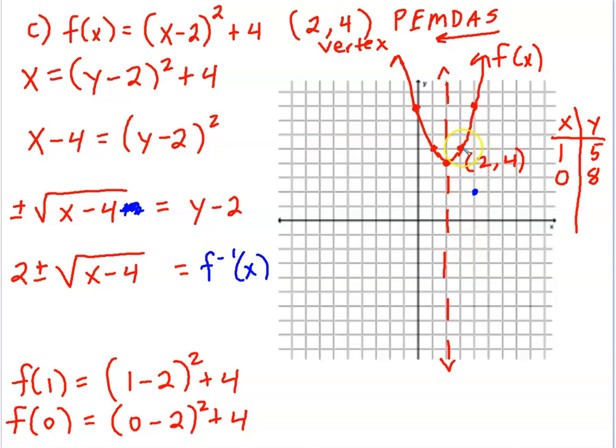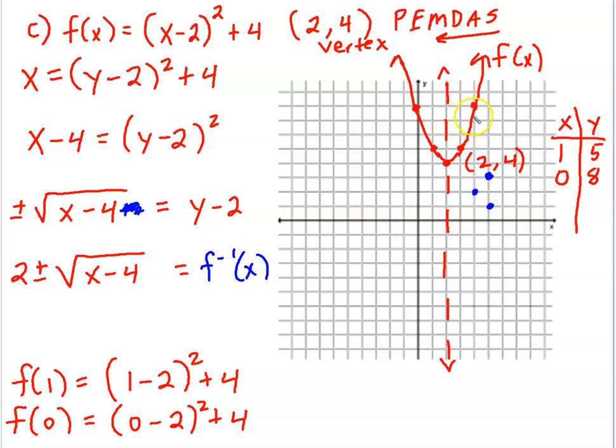So this point right here is the point 3, 5. I'm circling it. That's 3, 5. So if you want a point on the inverse, switch those and you get 5, 3. This point is 1, 5. Switch places with those and you get 5, 1.